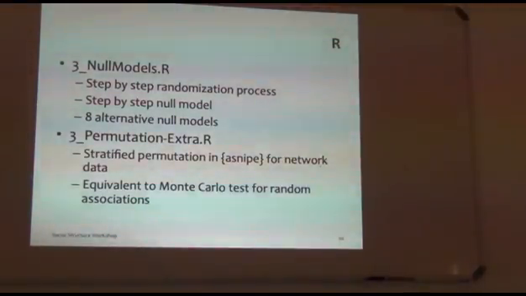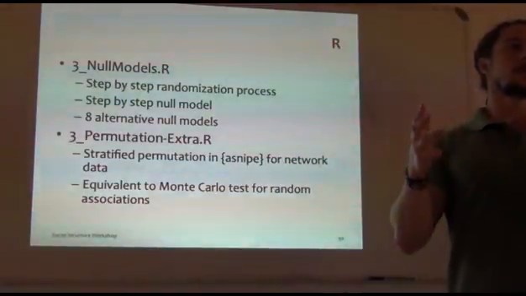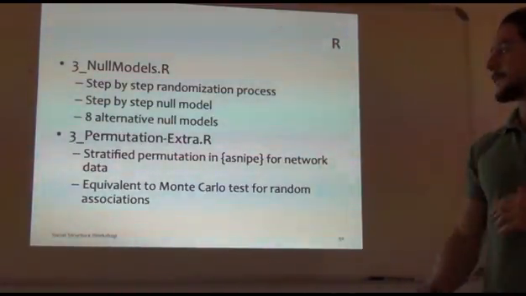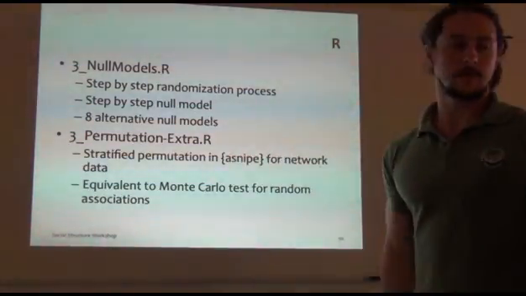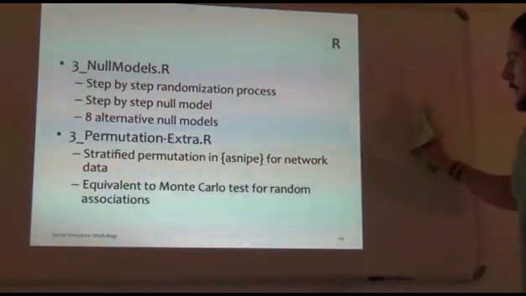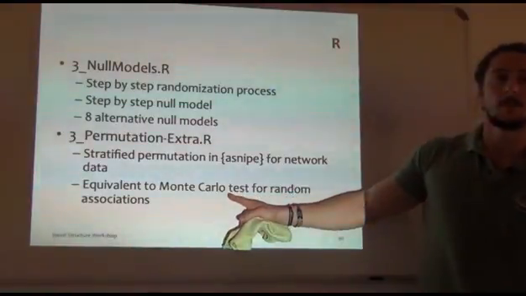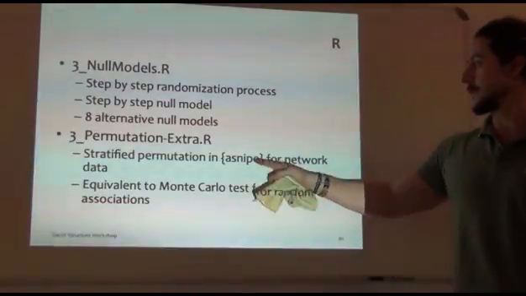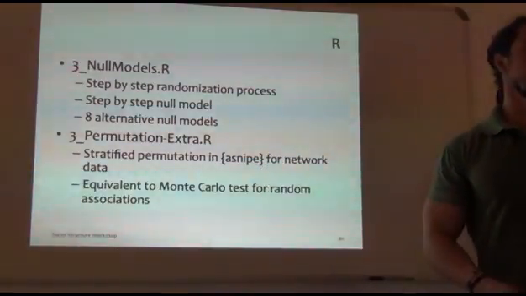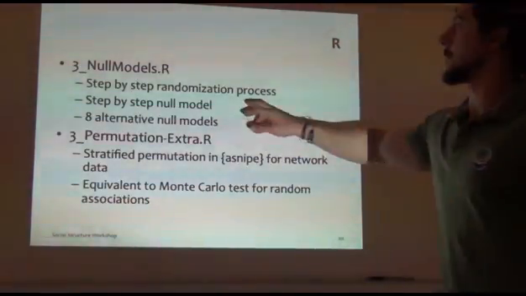At each step we calculate the new matrix and take a look at how it looks, if it preserves this, preserves that. And then, again, extra for the super keen people, we can run the same test that we did in SocProg yesterday in R. So with this package here, you can do pretty much the same thing. If you want to do it by hand or step by step, there's an option there. So let's start playing with this one.